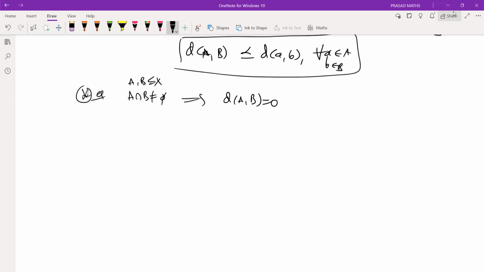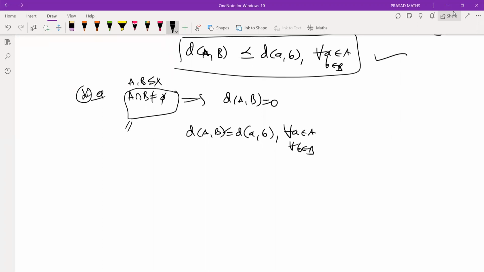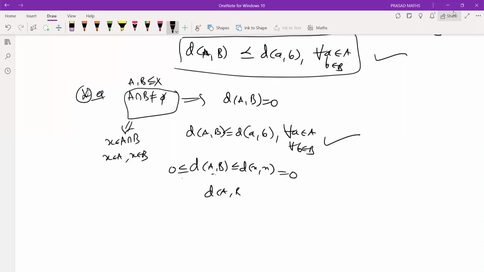Because the distance between A and B is always less than or equal to d(a, b) for every a, every b. But the intersection contains at least one point x, so x is in A as well as in B. In particular, the distance between A and B is less than or equal to d(x, x), which is 0. And distance is always non-negative. Therefore, the distance between A and B is 0 if A intersection B is non-empty. Is it clear?